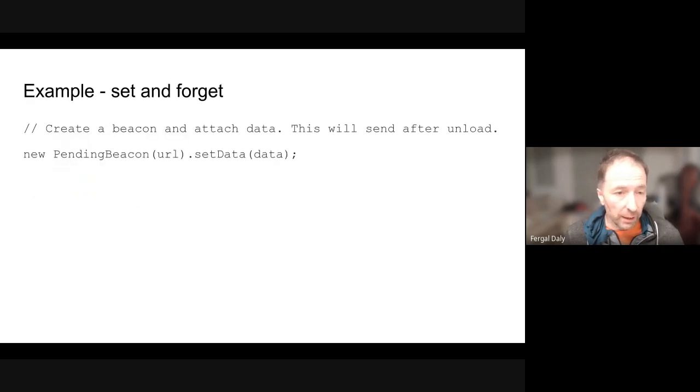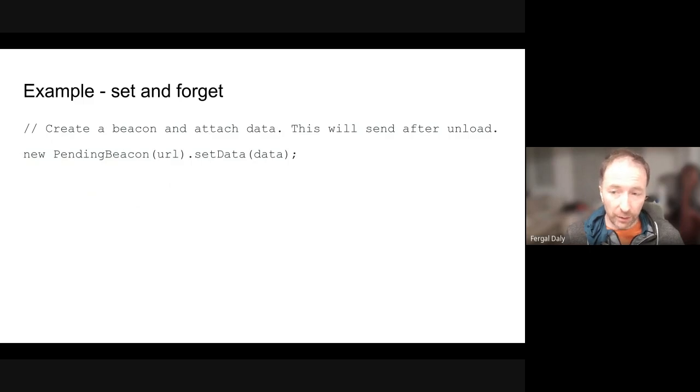Here's an example using the API that we've described. You create a beacon, you attach data to it, and that's it. This is the simplest possible example. The script loses a reference to the object it just created, so it can do nothing about it. This will send after the page has been unloaded.